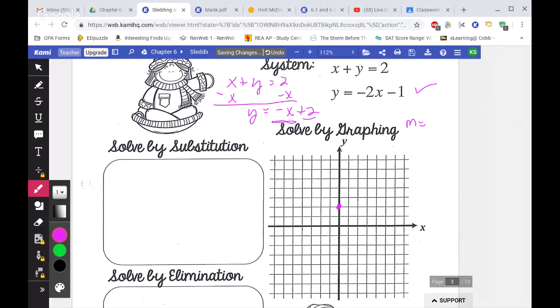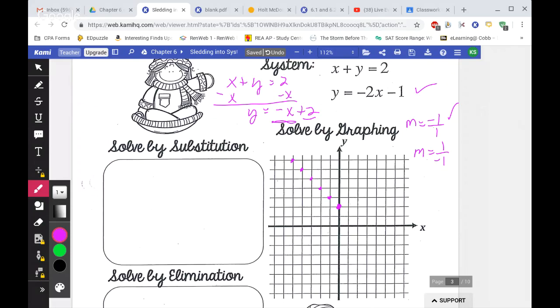So remember, the slope is a ratio, rise over run. So with a negative, you're going to travel in one direction negative and one direction positive. So I'm either going to go down 1 in this case and right 1, or I'm going to go up 1 and then left 1. So if I go up 1, left 1, up 1, left 1, up 1, left 1, because up is positive, left is negative.